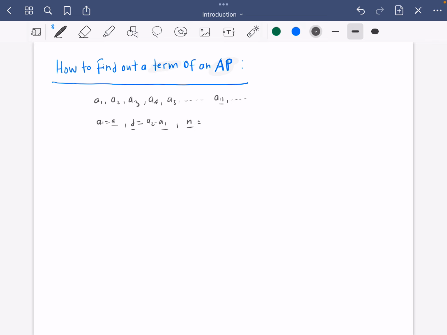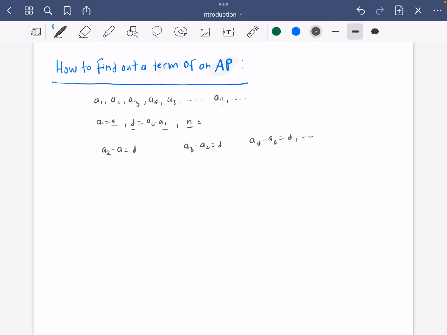Now you know that the difference between two terms in a row is always going to be the same, so A2 minus A1 is always going to be D, and A3 minus A2 is always going to be D, A4 minus A3 is always going to be D, and so on.